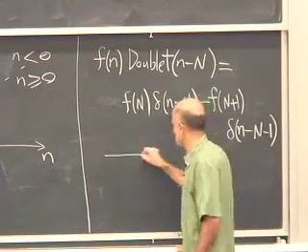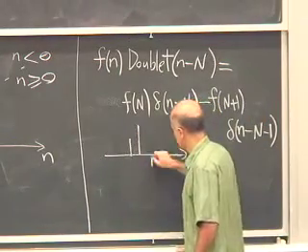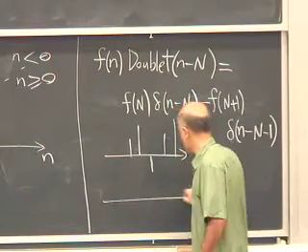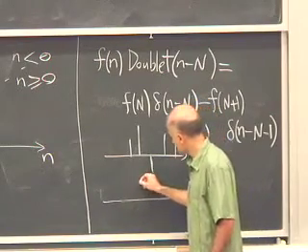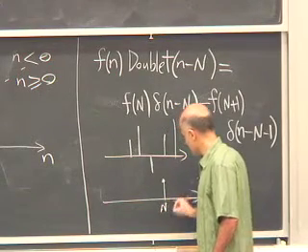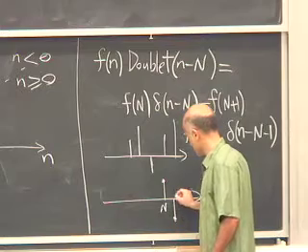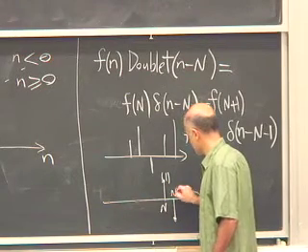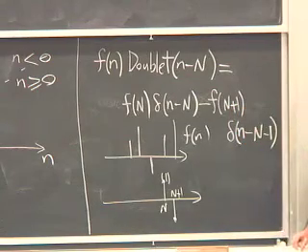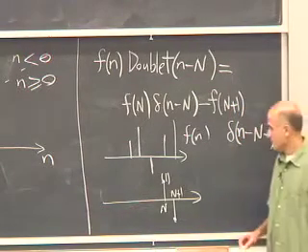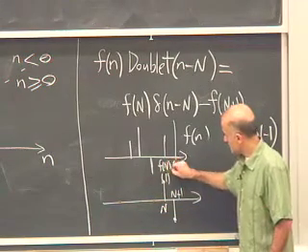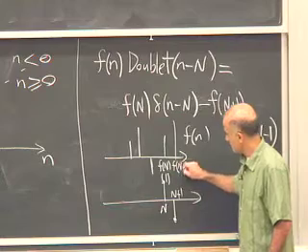Okay? So here you have your signal, f of n, and you're multiplying it by a spike at n and a minus that spike at n plus 1. So it clearly picks up the value of the signal at n and at n plus 1.